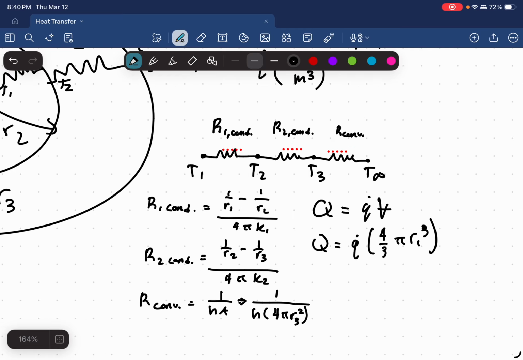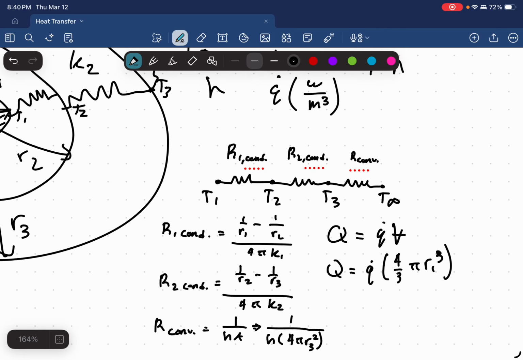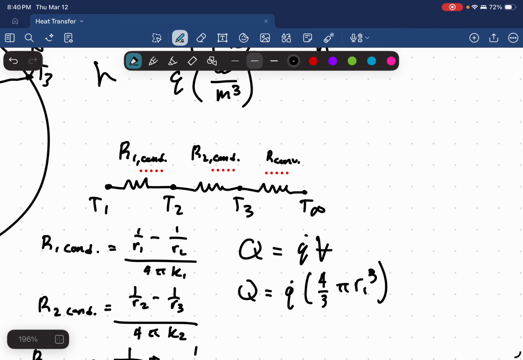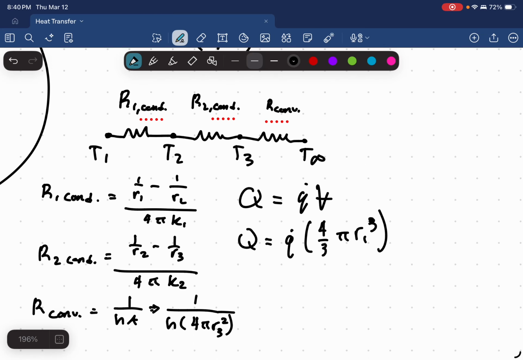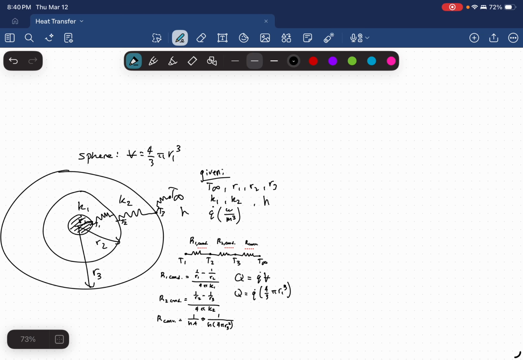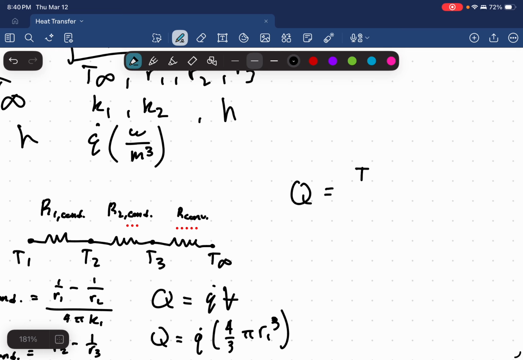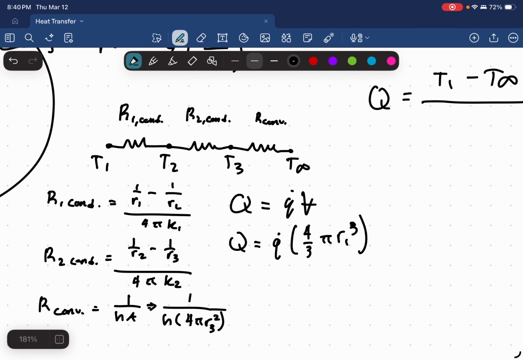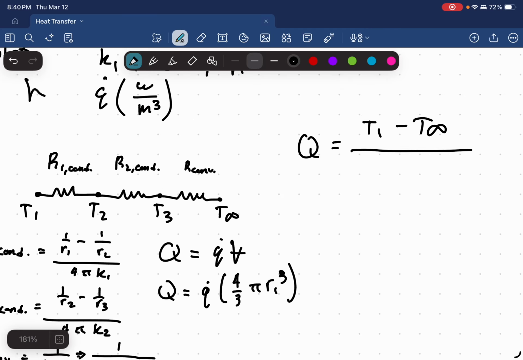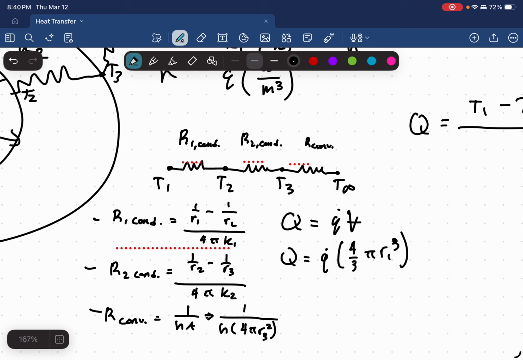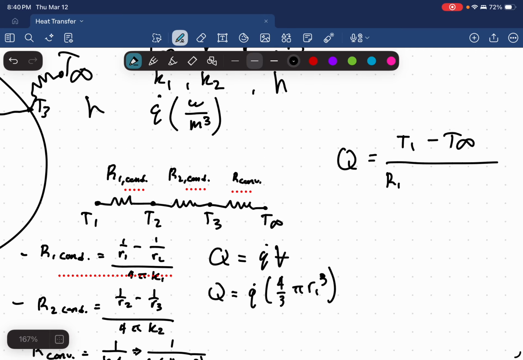Okay, now we can use this thermal resistance network to solve for T1. So we have T infinity, so we have to use T infinity in this equation. So it's going to be Q equal to T1 minus T infinity over the thermal resistances. We already wrote all of the thermal resistances over here, so we don't have to rewrite them. We'll just write their variables.